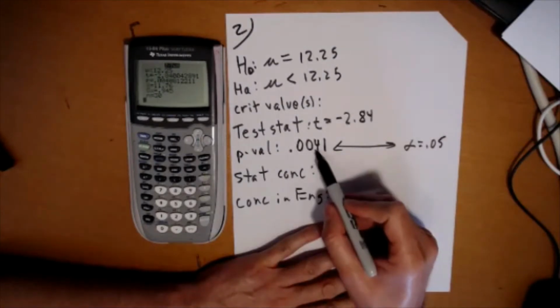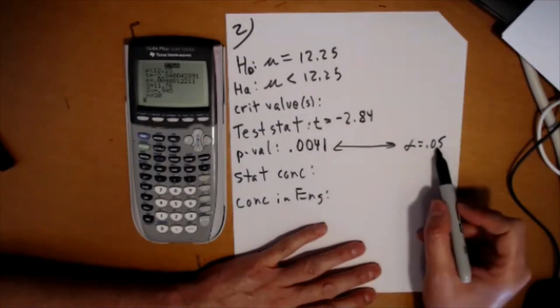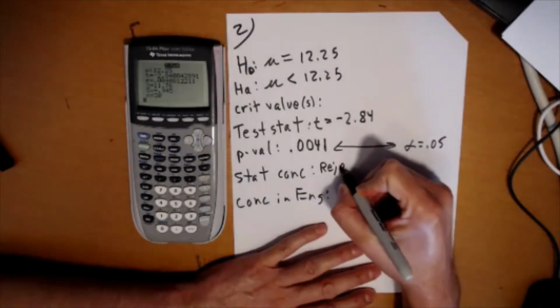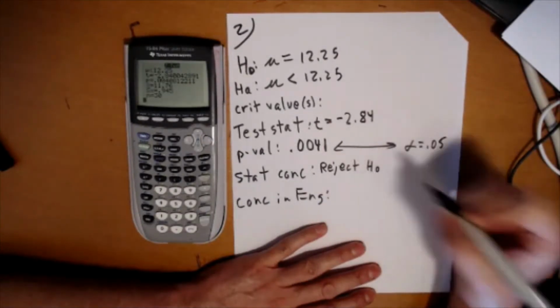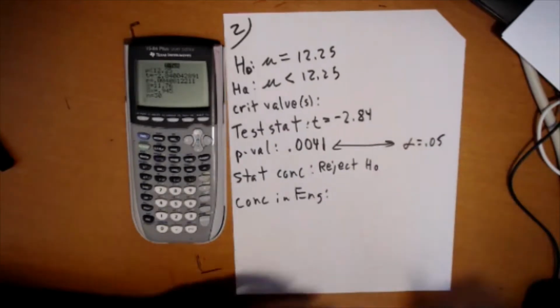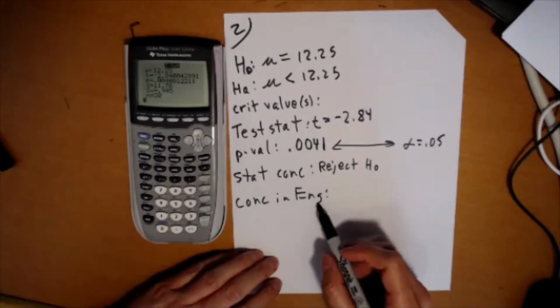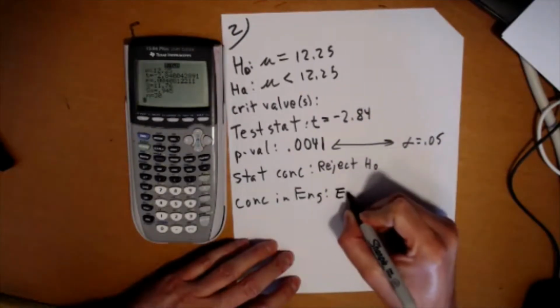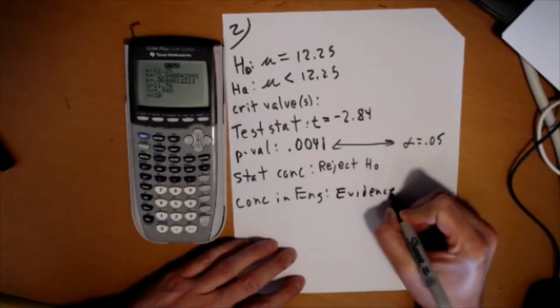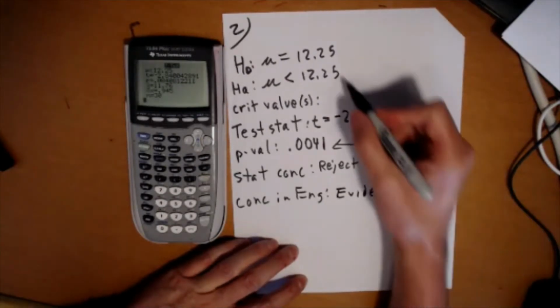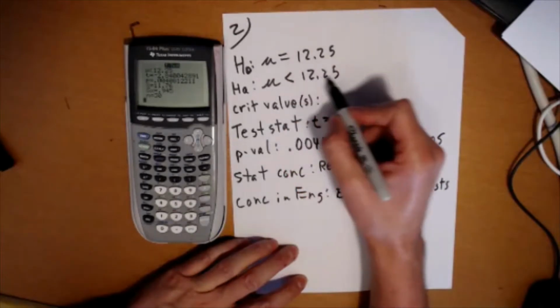0.0041, yeah, that's less than 1%. That's less than 0.05. So my p-value is less than my alpha. So I would reject my H0. Remember, we did this on test number 2. And so my conclusion in English, if you reject H0, then you say evidence suggests. Evidence suggests, and then we just have to say that the mean is less than 12.25.